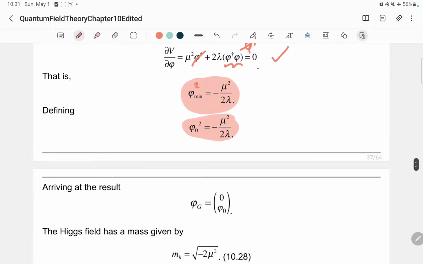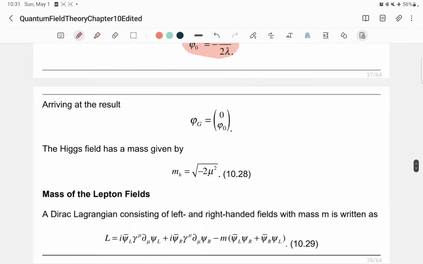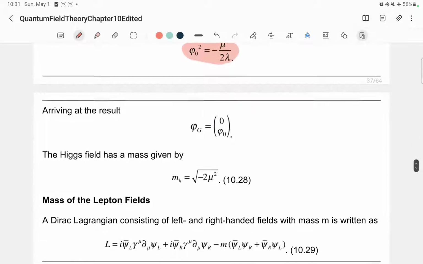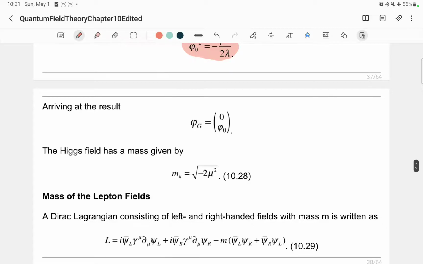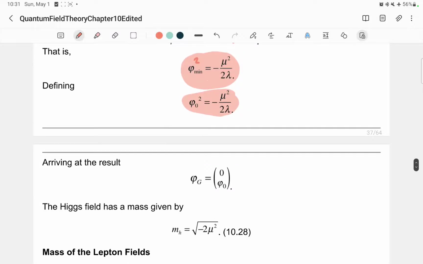So we would now have our phi g. We set this to be this one, with a mass of square root of negative 2 mu square.